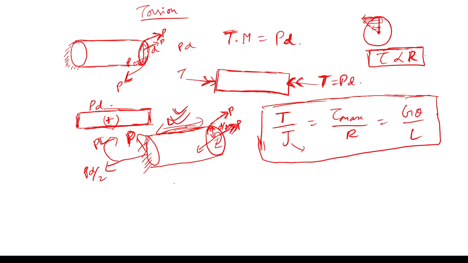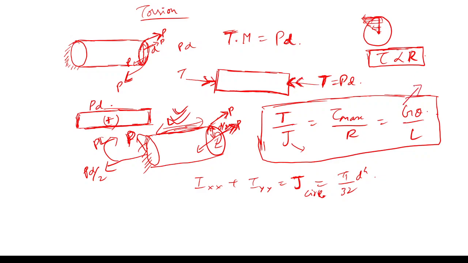For any member, the polar moment is nothing but Ixx plus Iyy. What is the value of J for a circular shaft? Pi by 32 d power 4. And what is G here? Shear modulus of the material.